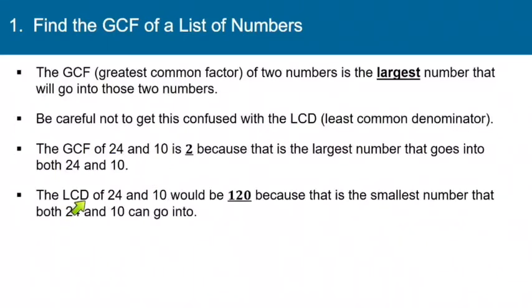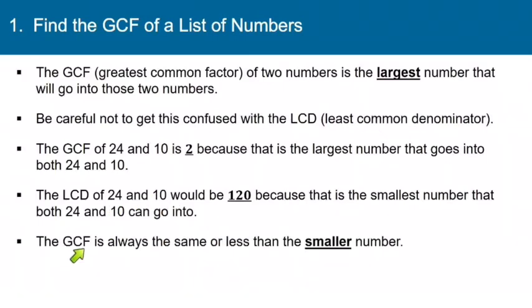But the LCD of 24 and 10 would be 120, because 120 is the smallest number that both 24 and 10 can go into. So remember, the GCF is going to be a factor of these two numbers. The LCD is going to be a multiple of these two numbers. Because the GCF is a factor of the two numbers we're working with, the GCF always has to be the same or less than the smaller of the two numbers.